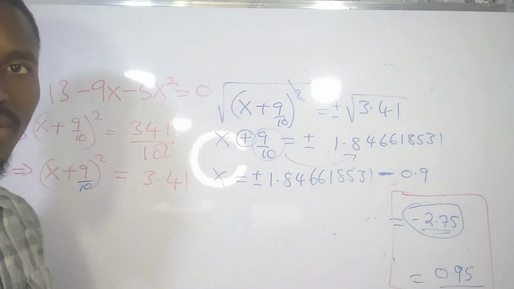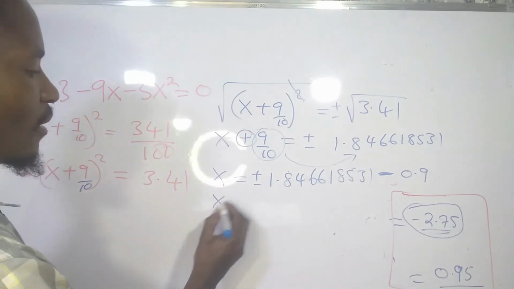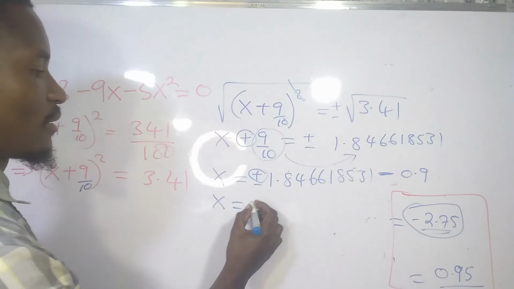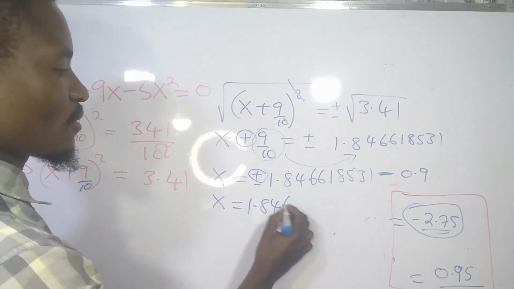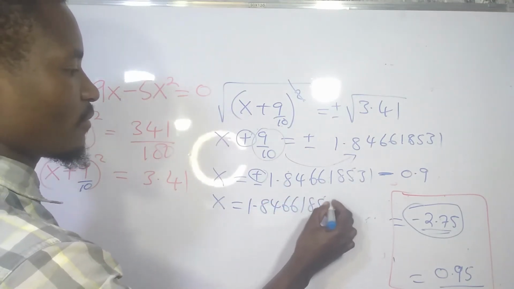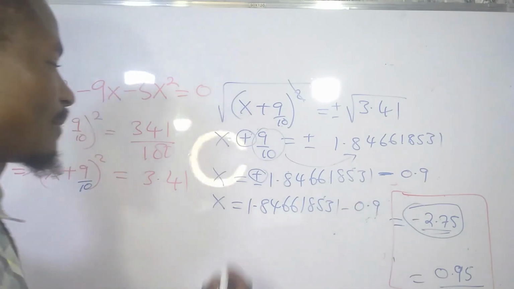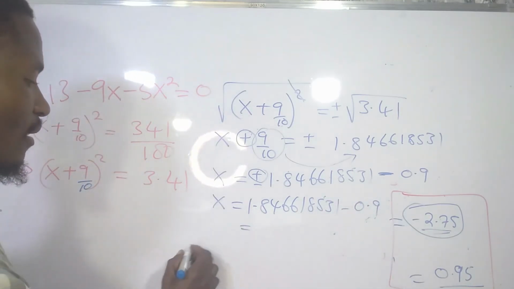From there, what you do is x equals, you start now with a positive 1.84661851 minus 0.9. Get the answer there.